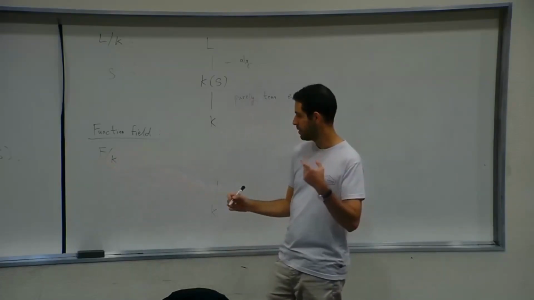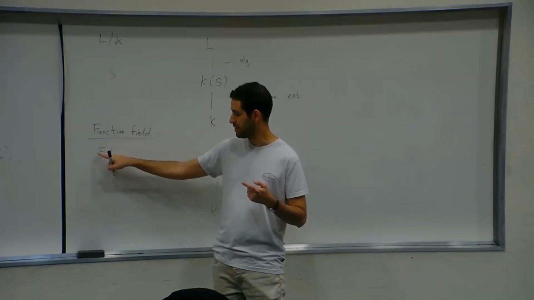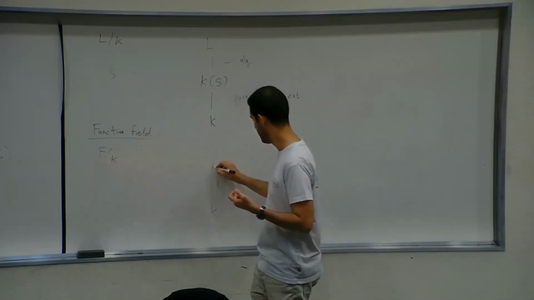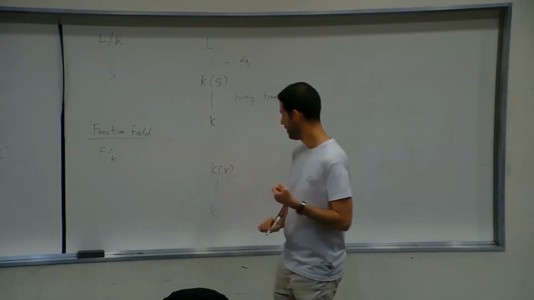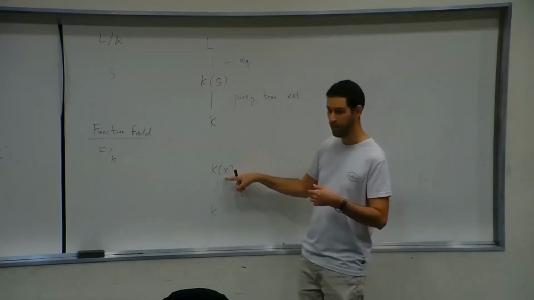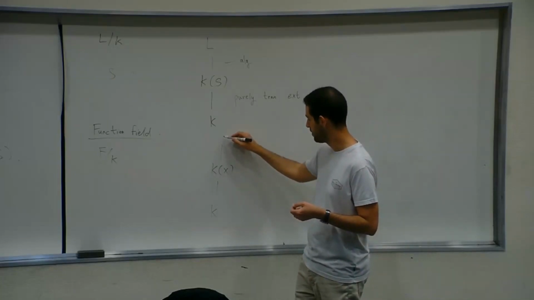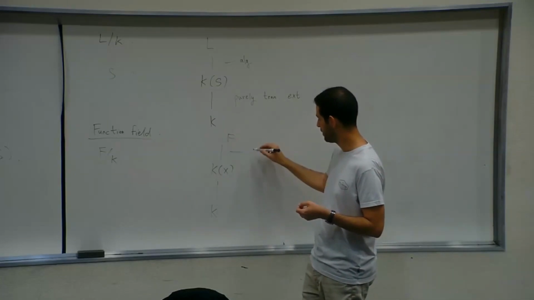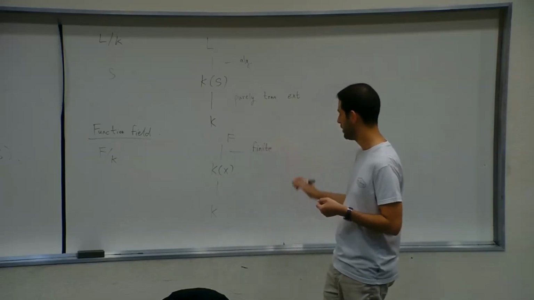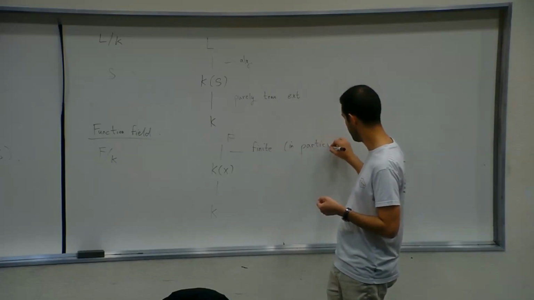So take x, there exists x in F, which is not in k, that is transcendental. So k(x) is the field of rational functions in variable x, and then F is finite, in particular algebraic.